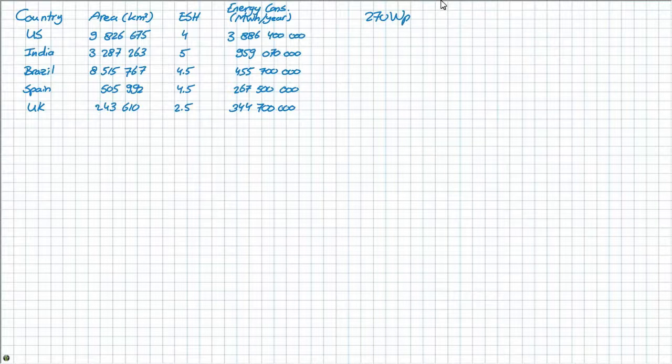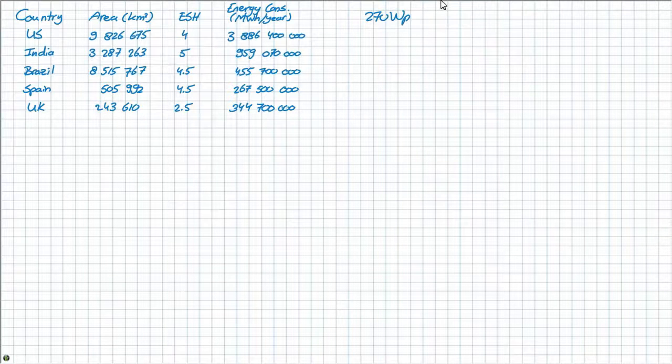Now, if you understand the concept of equivalent sun hours, then this is actually a very simple question. Because of course, you would get the maximum energy output for the same panel if you place the panel at a location with maximum sun hours per day. Now, if you look at the table, the country with the maximum sun hours per day is India.